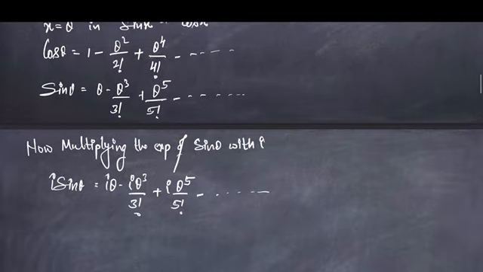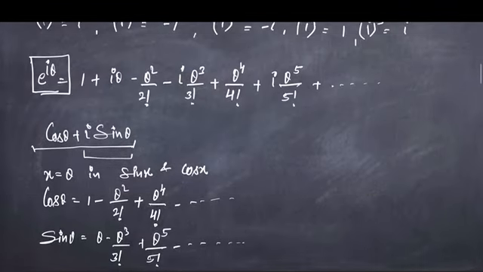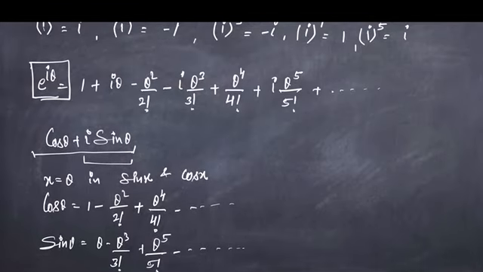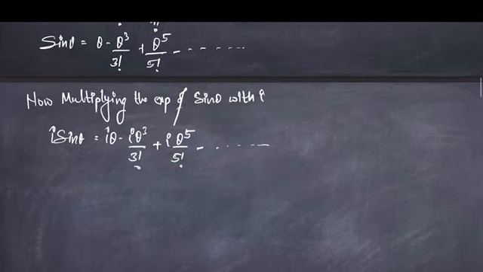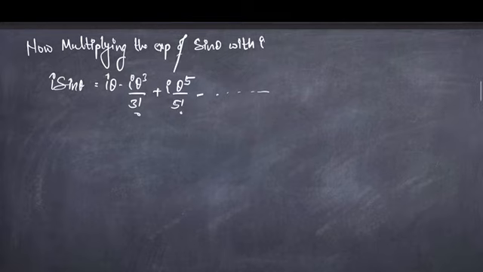So now to get the term cos theta plus iota sin theta, we will have to add this expansion and this expansion.